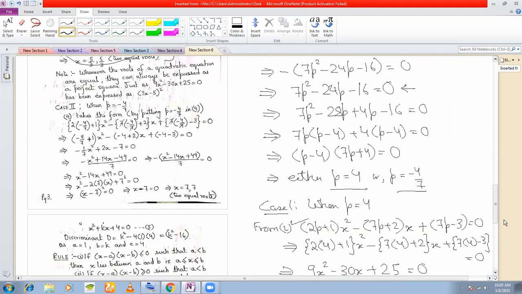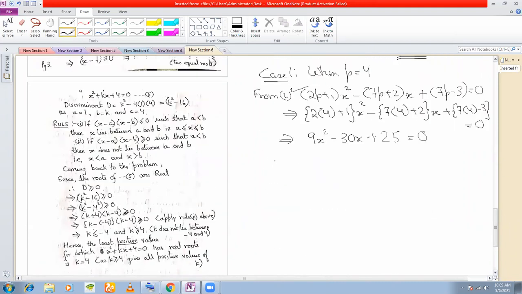Otherwise, what you can also do is use Sridhar Acharya's formula, and very easily you will get x equal to minus b. Which one is b? b here is minus 30.